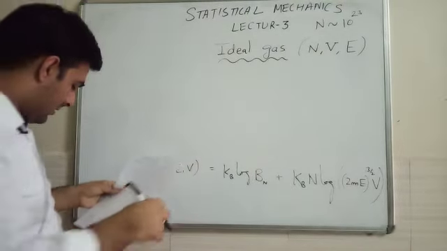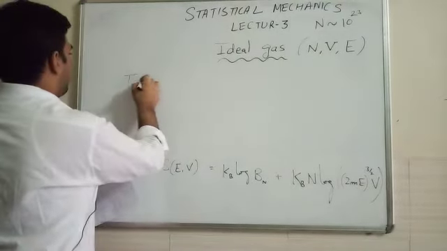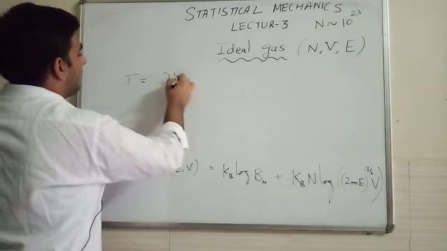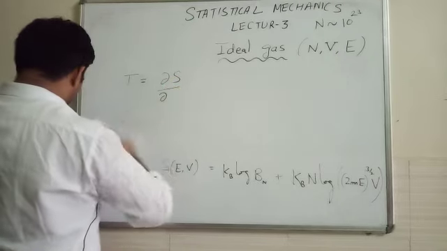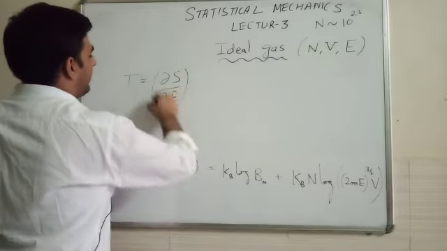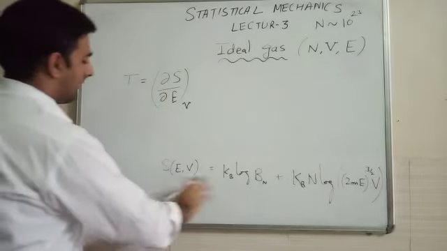You know that the temperature is given by 1/T = dS/dU. U is energy, so this is dS/dE at constant volume. So you can calculate this.